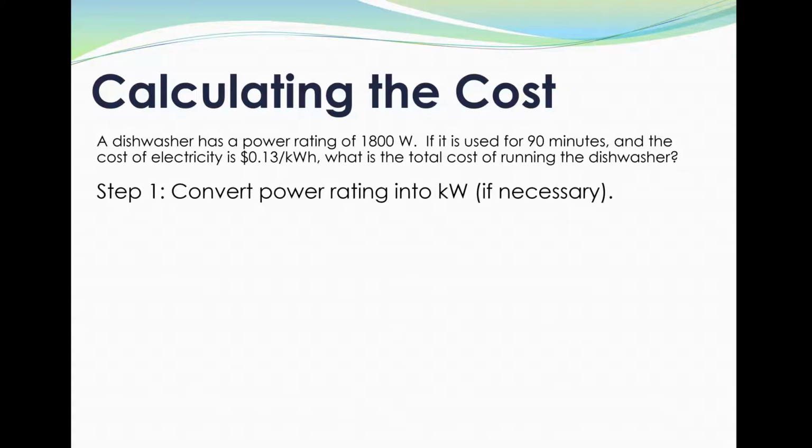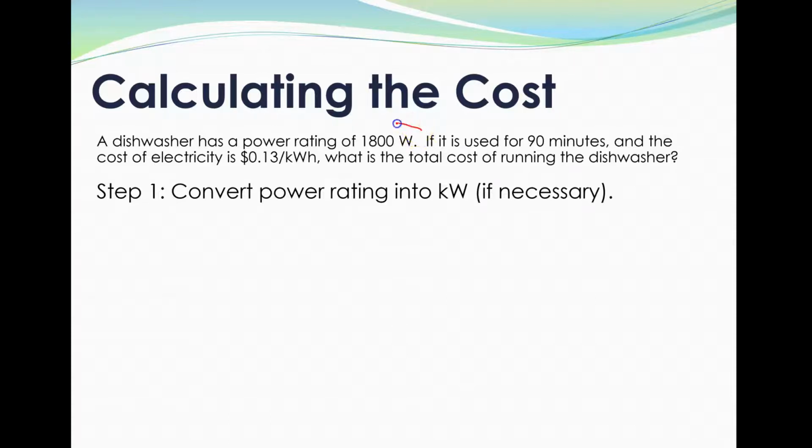So let's do an example. A dishwasher has a power rating of 1,800 watts. If it is used for 90 minutes and the cost of electricity is 13 cents per kilowatt hour, what is the total cost of running the dishwasher? So we've been given some information.